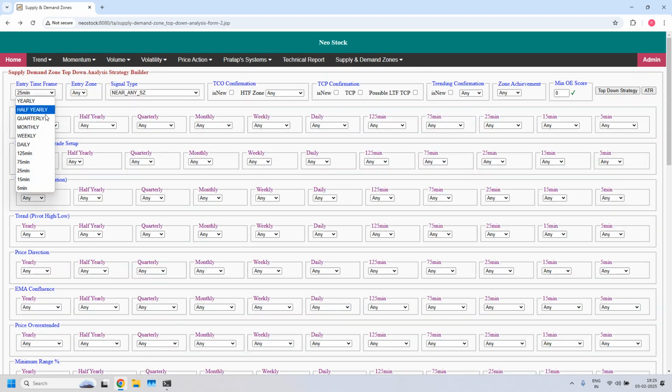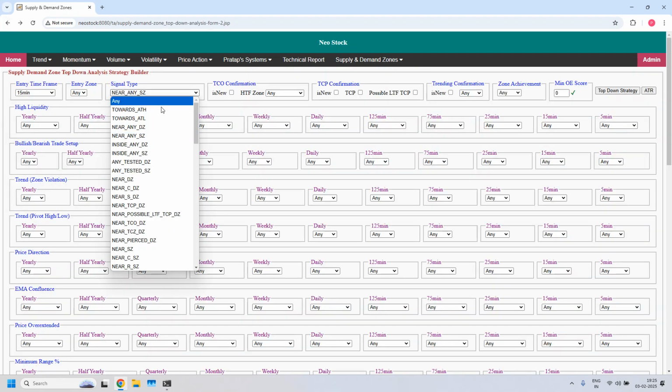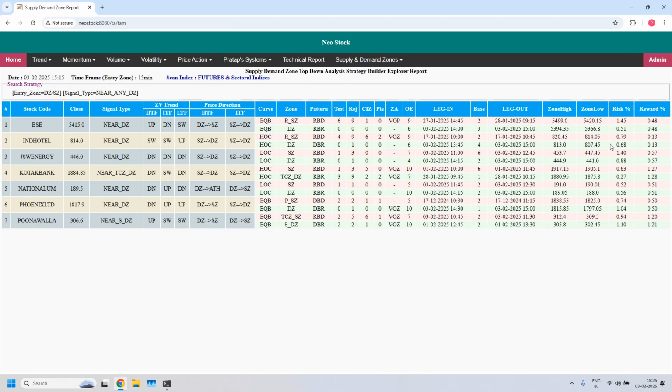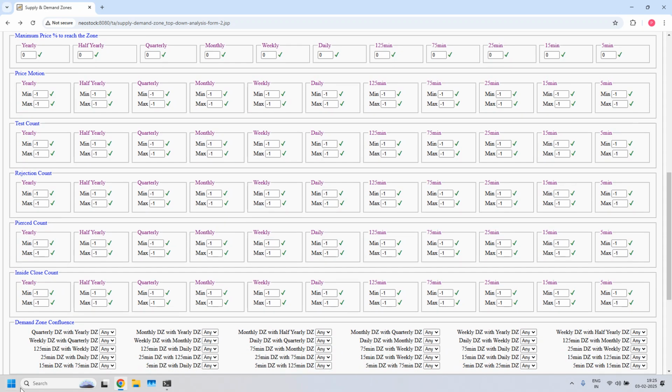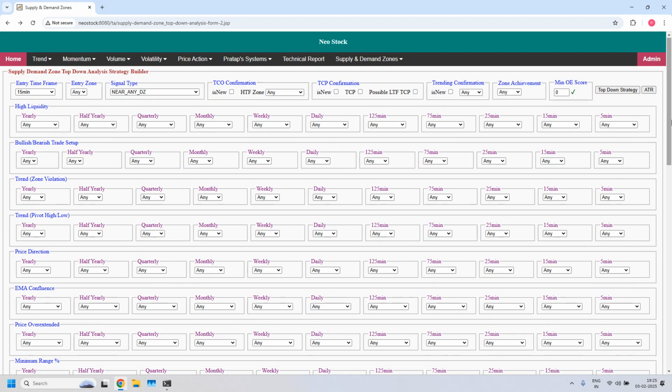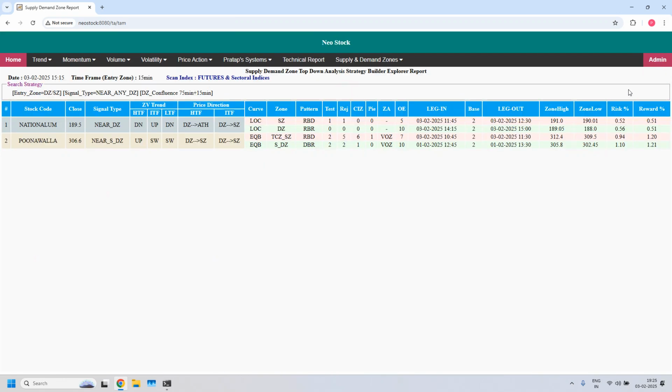Next time frame is 15 minutes. Stocks near 15 minutes demand zone. 7 stocks are filtered. Let us further filter based on the zone confluence. So 15 minutes demand zone with 75 minutes demand zone confluence. 2 stocks are filtered.